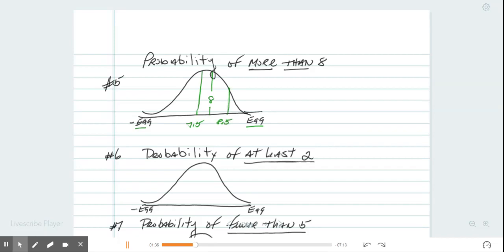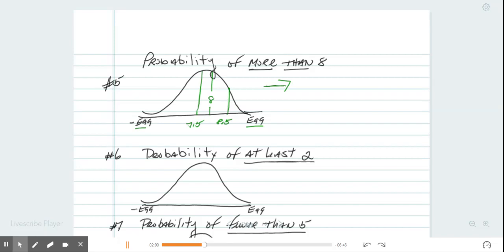Now my job becomes, which way am I going? Am I going to my right or am I going to my left? Do I include 7.5? Do I not include? Do I include 8.5? So he says more than 8. Well, more than 8 does not include 8. First of all, more than means I'm going to my right, or I'm getting larger.